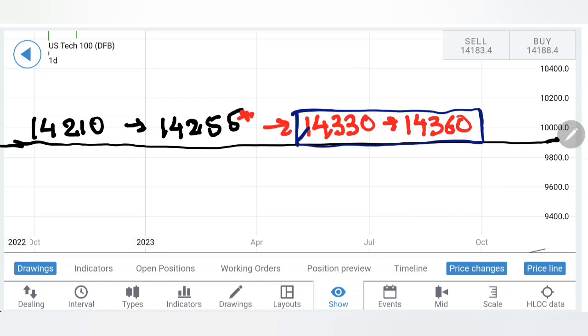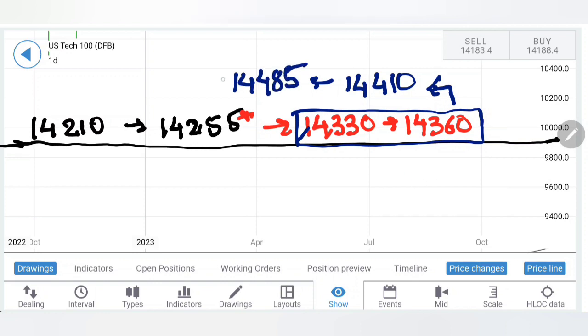Beyond this, you can treat this for a reversal, and then we will look forward to 14,410. Then beyond this, 14,485, 14,600 is the next milestone here.